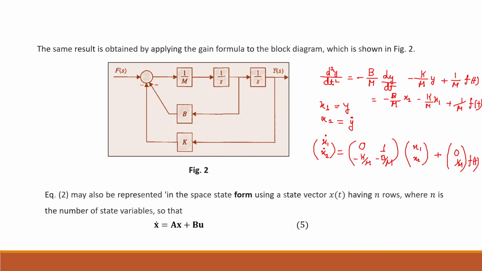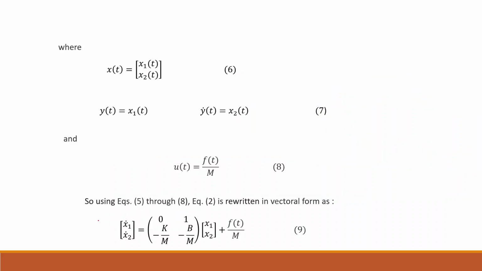So this can be represented as x dot equals a into x plus b times u, where the input is the force ft. From here only we can draw this block diagram, and as we have found out, this is the state space representation also.